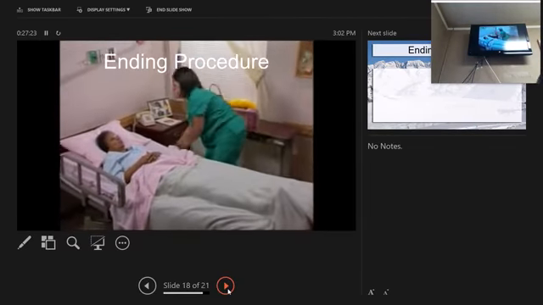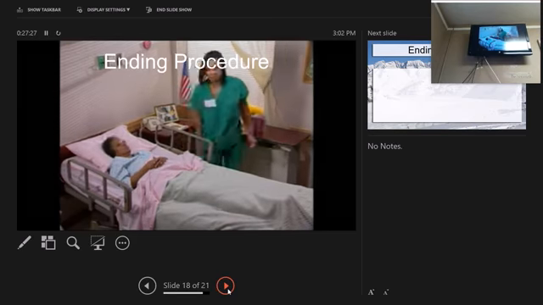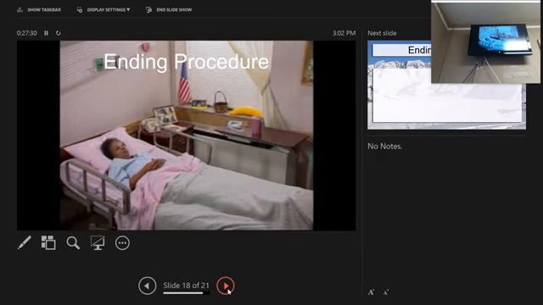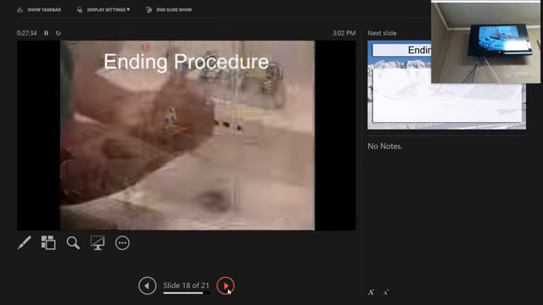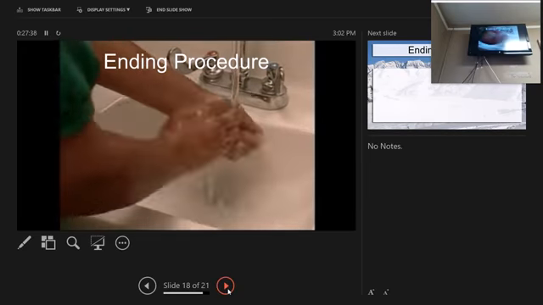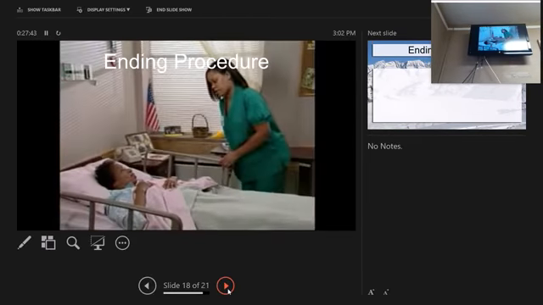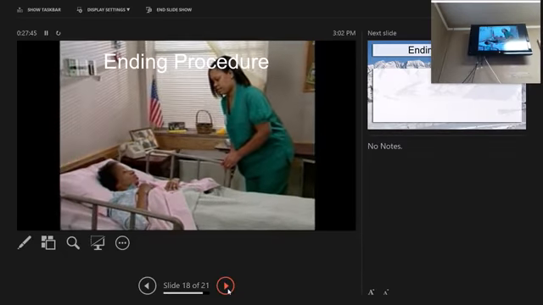Raise the side rails, if used, before leaving the bedside. Remove other personal protective equipment if worn, and discard according to facility policy. Avoid contaminating environmental surfaces with used gloves. Wash your hands. Return the bed to the lowest horizontal position.